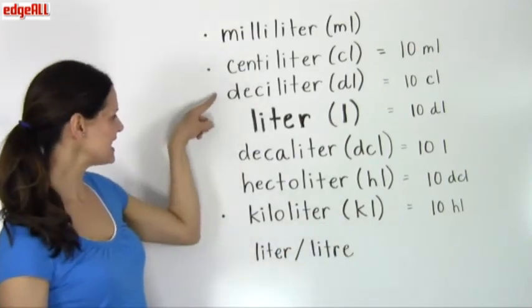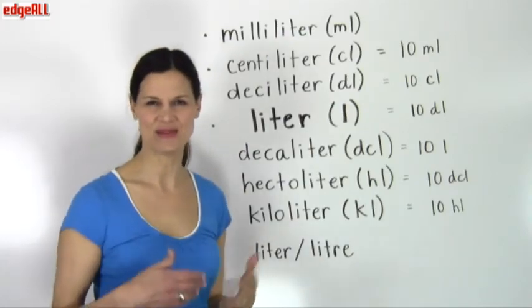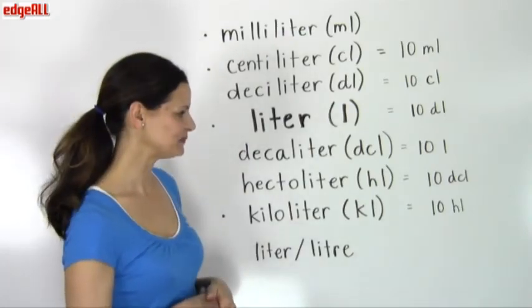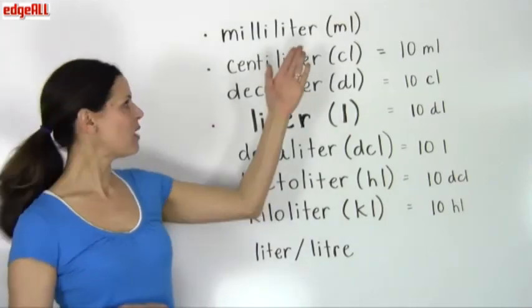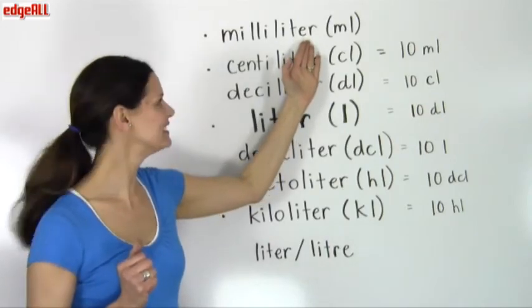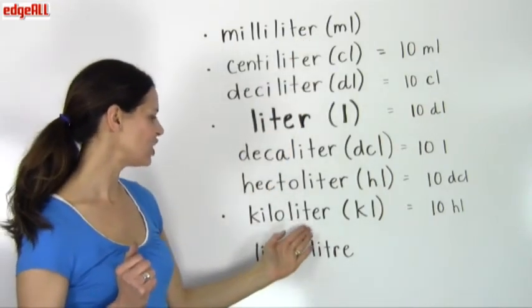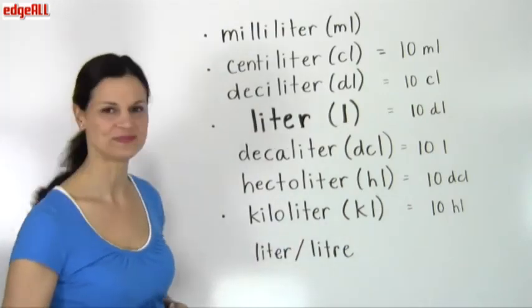You won't see the deciliter, decaliter, and hectoliter used as much in common everyday use. So we want to make sure that we use the smaller units to measure things with smaller volumes, and that we use the larger units to measure larger volumes.